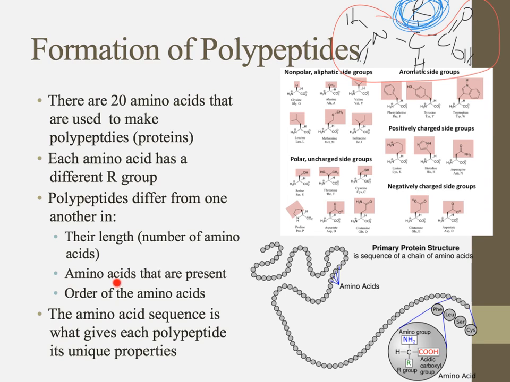They can also differ in the type of amino acids that are present. So maybe some polypeptides are going to include this one, this one, this one, this one, and this one. And another polypeptide is going to include this one, this one, this one, this one, this one, and this one. Okay, so different combinations there. And the other thing that can differ is the order of the amino acids. So putting them into a different pattern is going to give each polypeptide a very unique property.